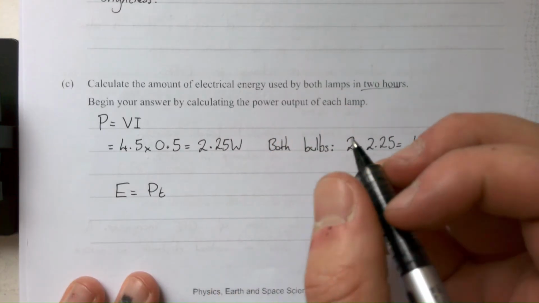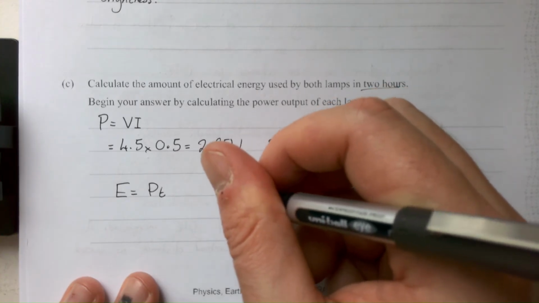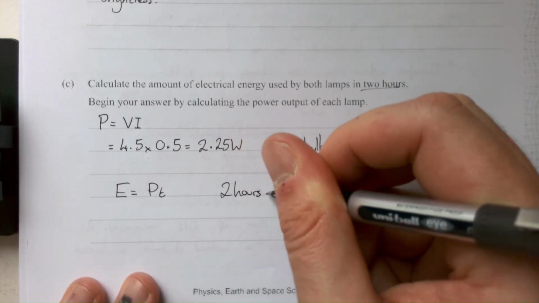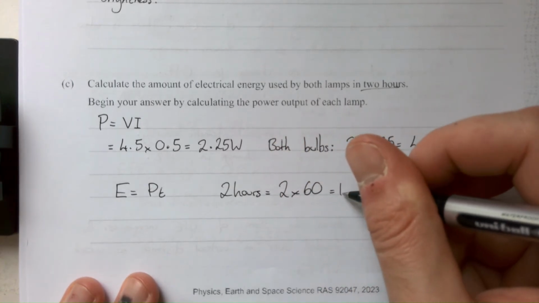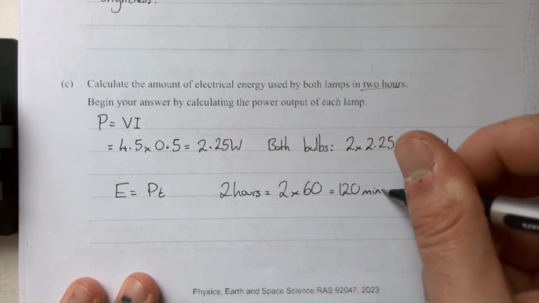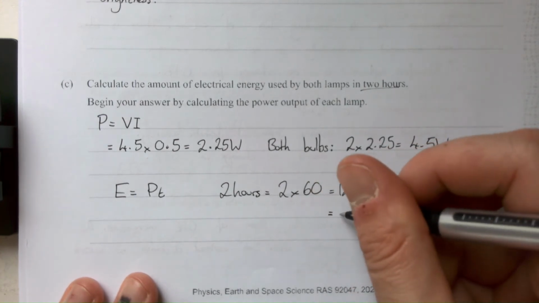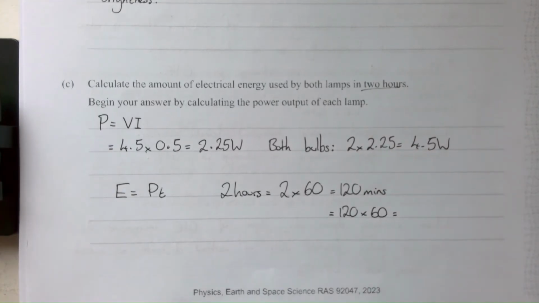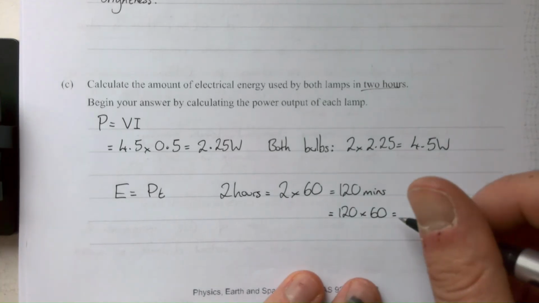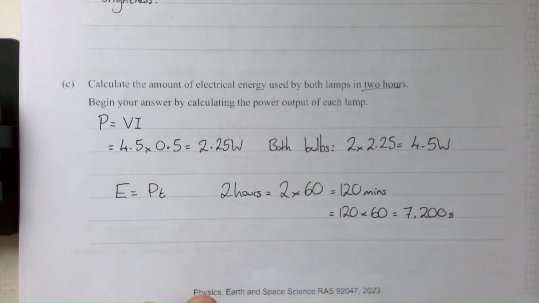Now, if you think about what's inside an hour, in 1 hour there are 60 minutes. So 2 hours equals 2 lots of 60 minutes. And inside each minute there are 60 seconds. And so we can do 120 times 60, to work out that there are 7,200 seconds in 2 hours.